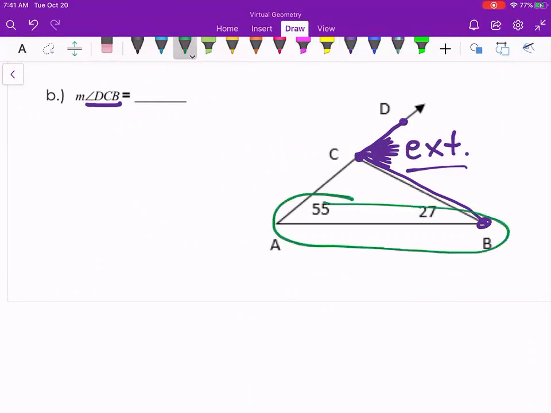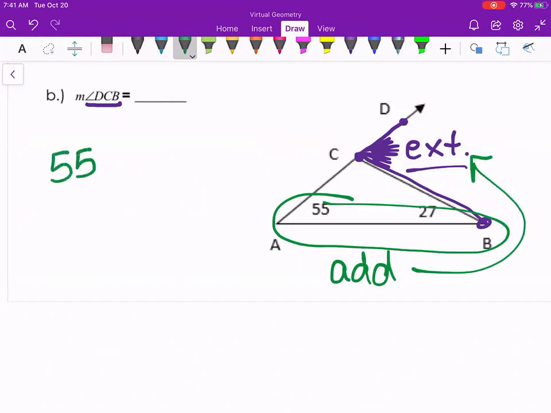Those are the two angles that the exterior is not touching. Add them together, and they should give us that exterior angle. So 55 plus 27 should give us 82, and that is my exterior angle, 82 degrees.